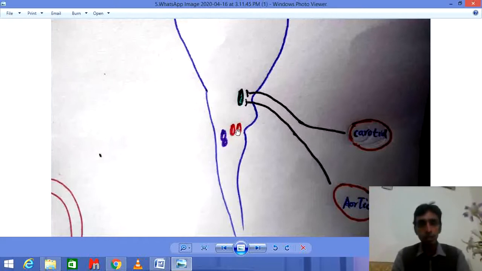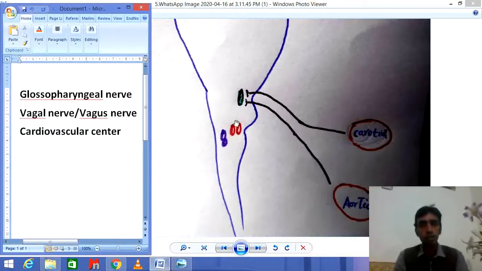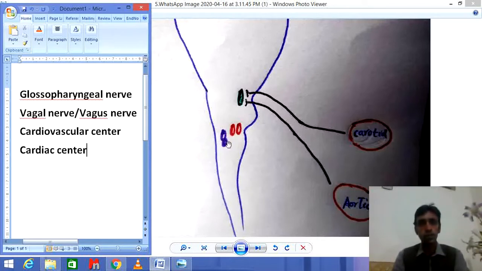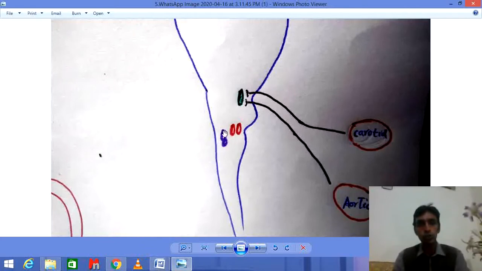Combinedly these 4 nucleuses are called the cardiovascular center, but these 2 red nucleuses are called the cardiac center, and these blue nucleuses are called the vasomotor center.